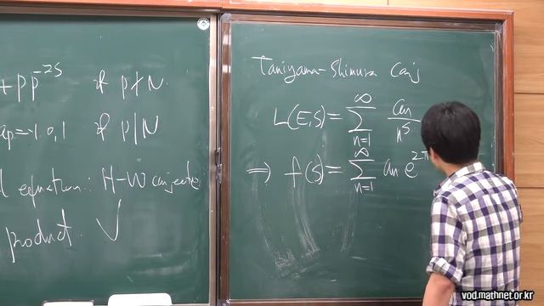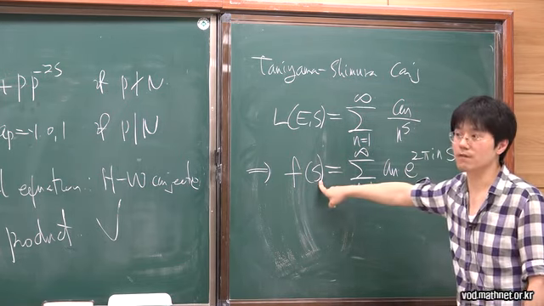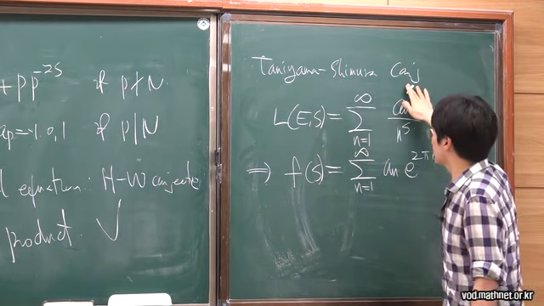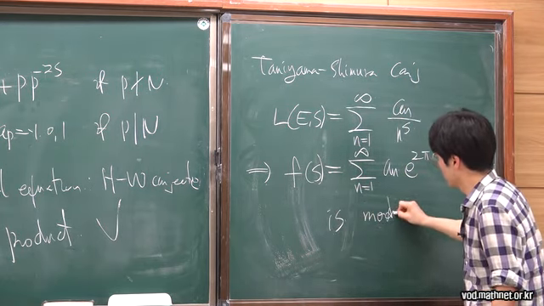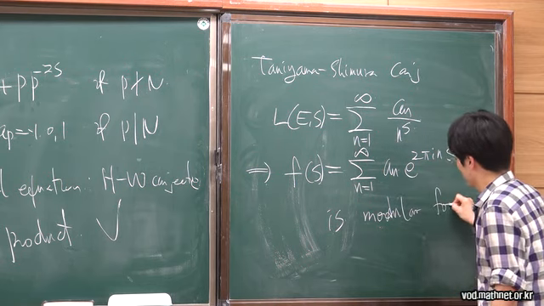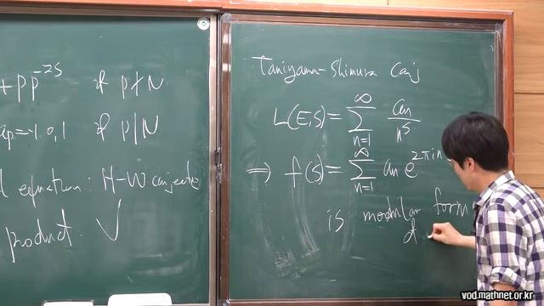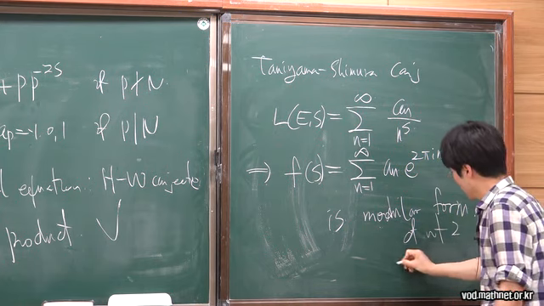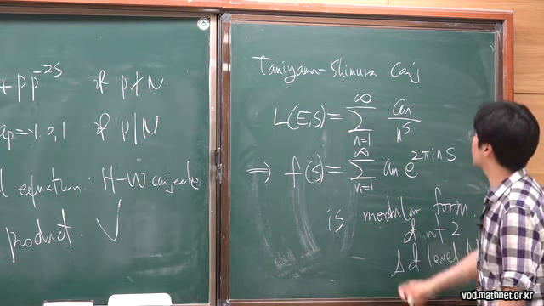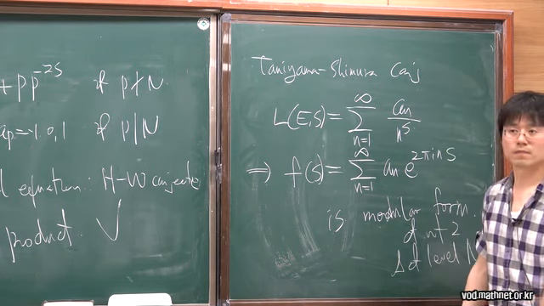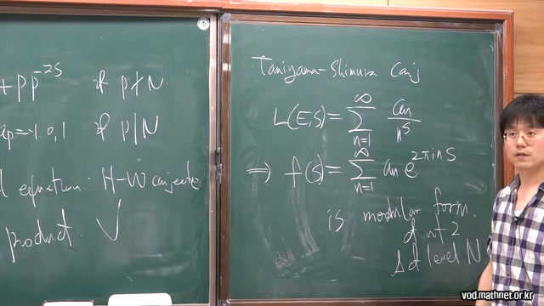Here s is a complex number. And the Taniyama-Shimura conjecture is that this is a modular form of weight 2 and of level N. Now this is called the modularity theorem. Okay, any questions so far?